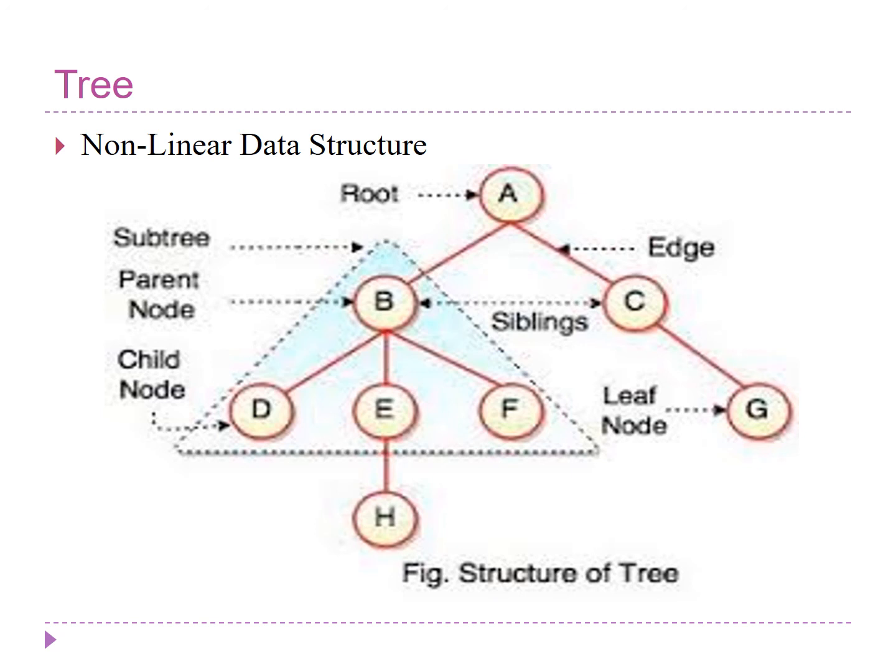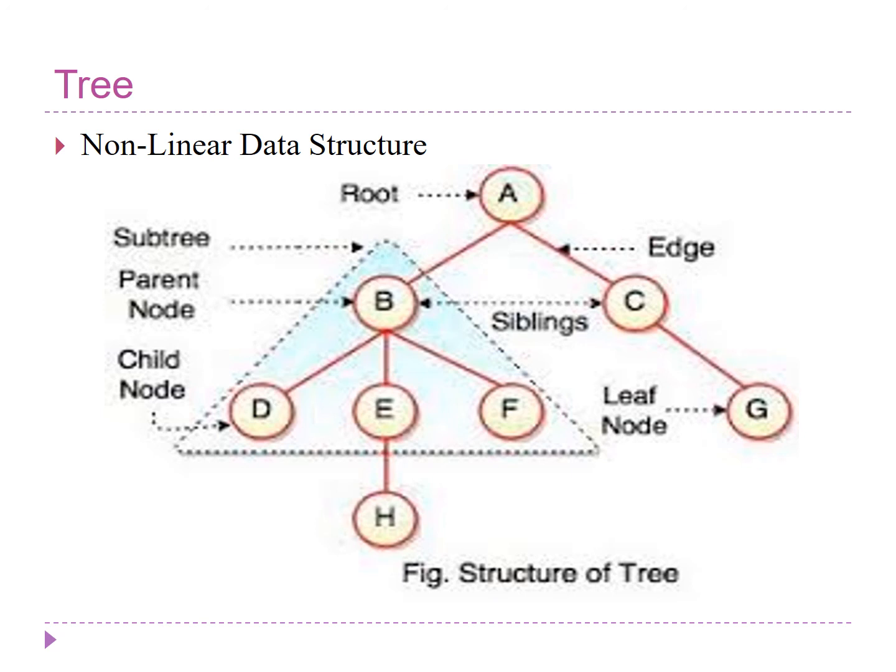A node is a parent to the other nodes to which it is connected at a level lower than it. B is a parent node of D, E and F. D, E and F are called the child nodes for the parent node B. The nodes at the same level are called siblings.